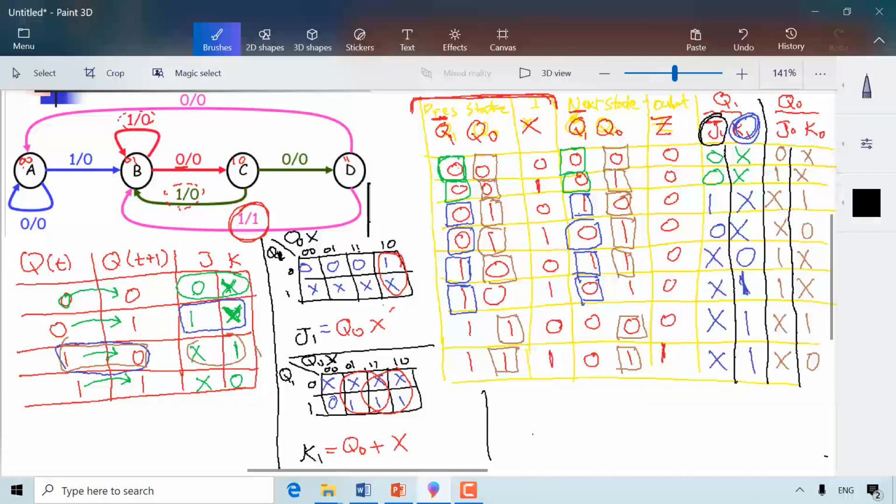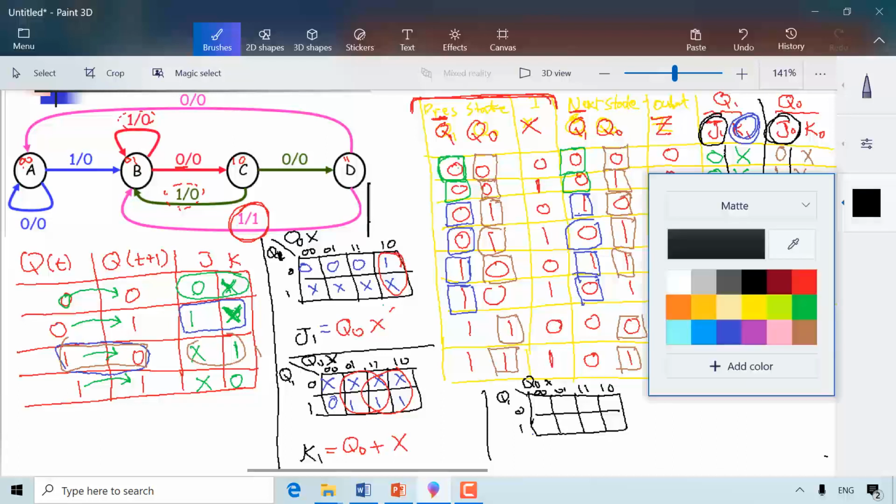What else do I need? I need a K-map for J0. So let's do J0 now. Q1, Q0, X. So this is 0, 0, 0, 1, 1, 1, 1, 0, 0, 1. Here is J0 right here. Okay, let's plug the numbers.